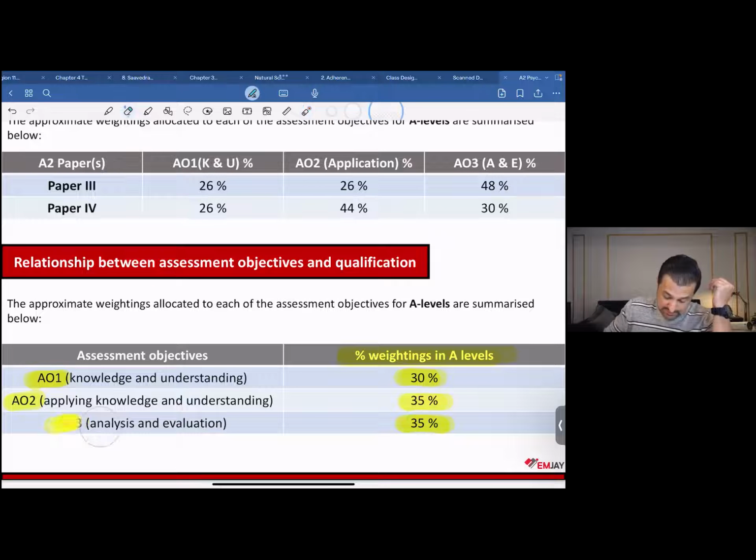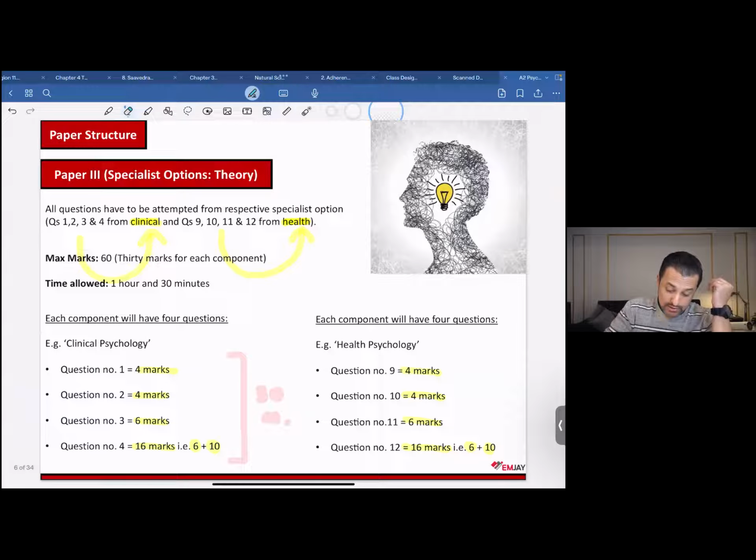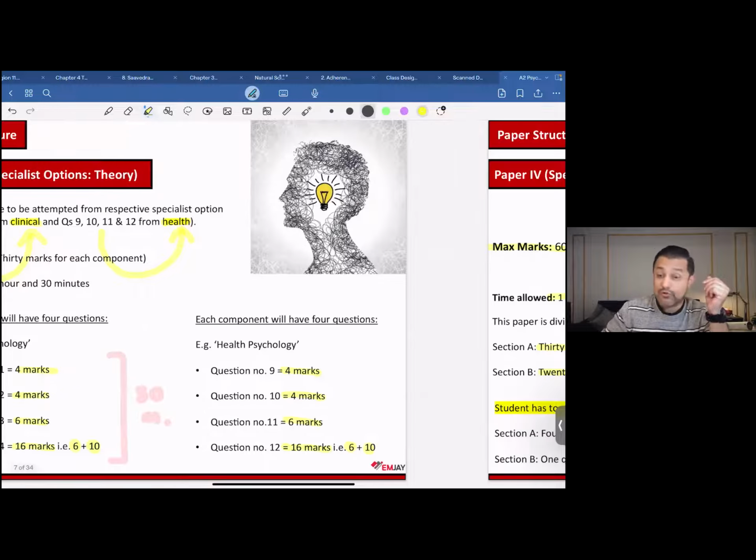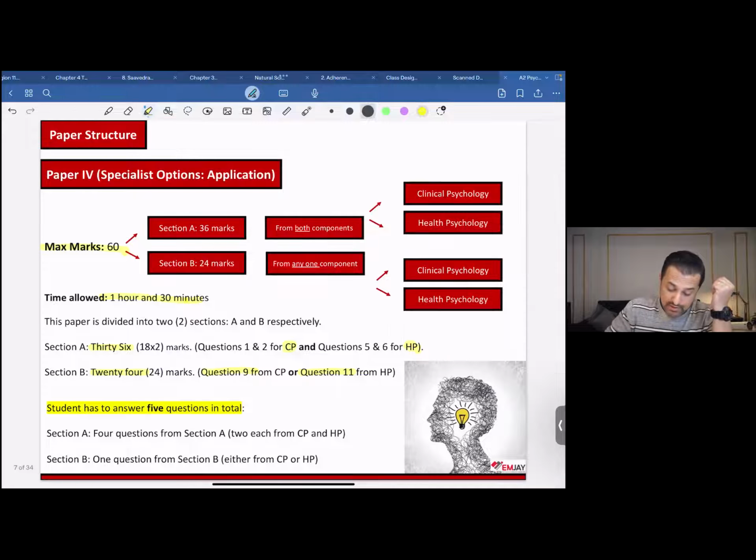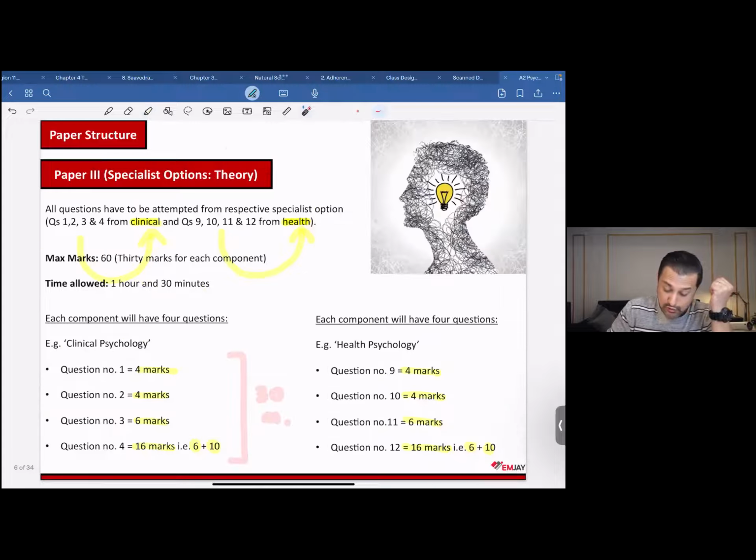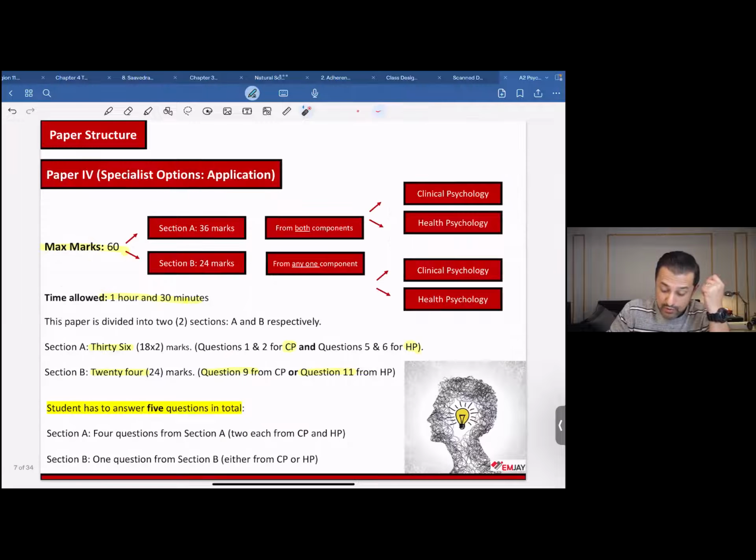Now, taking this further, if I move on towards the paper structures, we have two papers for A2 psychology, that is paper 3 and paper 4 respectively, where paper 3 is referred to as the theory paper, and paper 4 is referred to as the application paper, right?